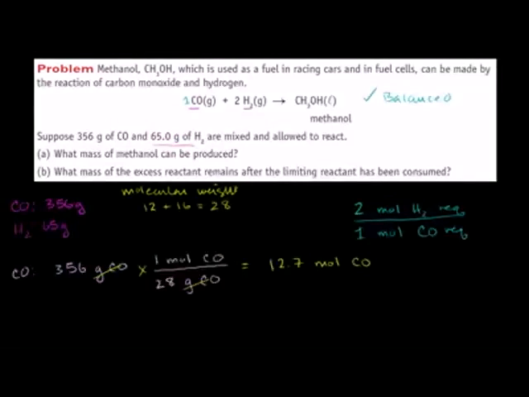Now let's do the same thing for the hydrogen. We have 65 grams of molecular hydrogen. What's the molecular weight of hydrogen? I'll do this in green over here. Each hydrogen atom has a molecular weight of 1, times 2, which is equal to 2. So we have 65 grams of molecular hydrogen, and the same way we want to write it in moles.